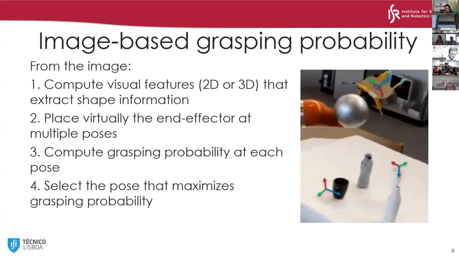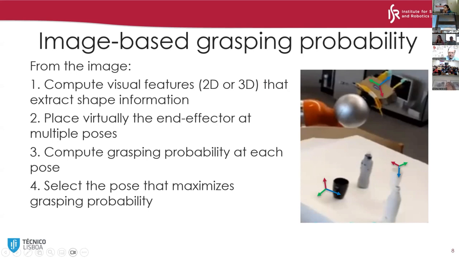Then we combine that information, which is called high level, with the low level one, which comes from the image that the robot has at some point. You have to compute some visual features, which could be 2D or 3D, that extract the shape of the object. During learning, we place the end effector virtually at multiple poses. You can see here the poses reflected by these three arrows.